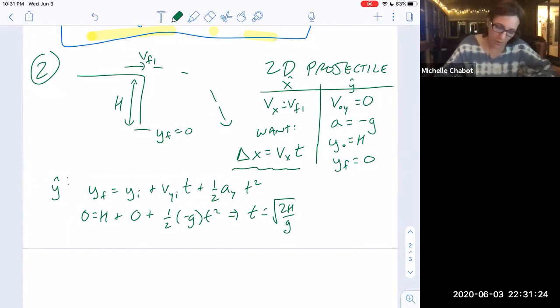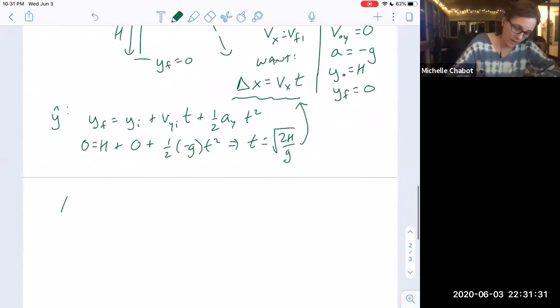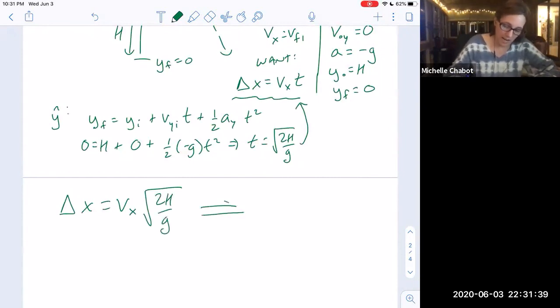Now I can plug that in to my x. I'll move this on to the next page: delta x equals Vx times the square root of 2h over g, and Vx equals v final 1.